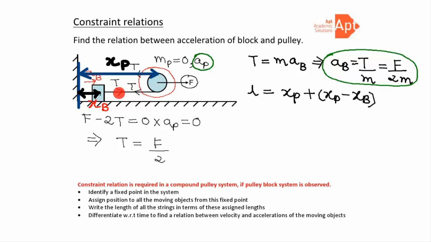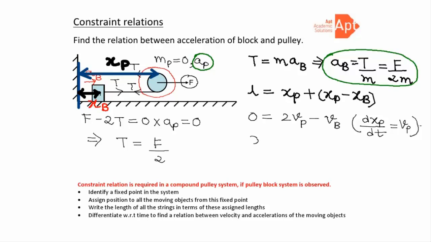If we differentiate it, because the length is a constant, the string being light and inextensible, we have 0 equal to twice the velocity of pulley P minus the velocity of block B, because we are writing dxp by dt as Vp and similarly dxb by dt as Vb.